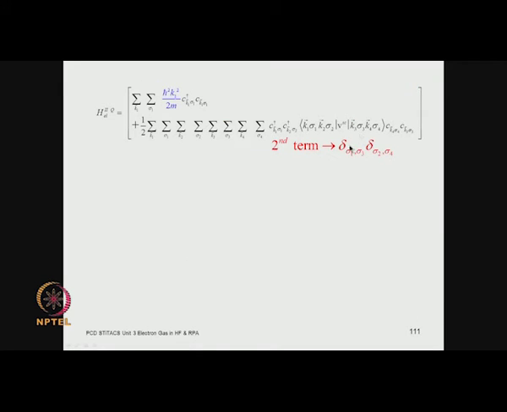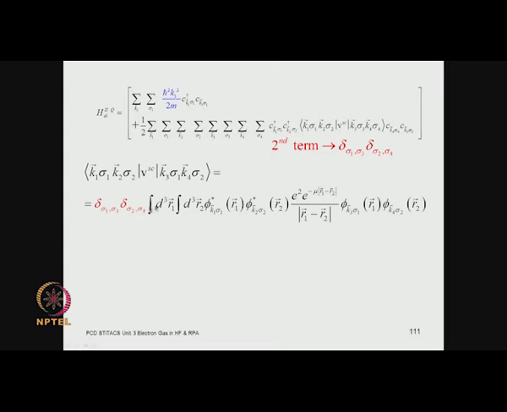Now, here again, because the Coulomb interaction or the screened Coulomb interaction does not tamper with the spin, you will have a delta sigma 1 sigma 3, delta sigma 2 sigma 4, the Kronecker delta contraction over those two spin variables, and we can carry out that contraction because we can exploit these Kronecker deltas.